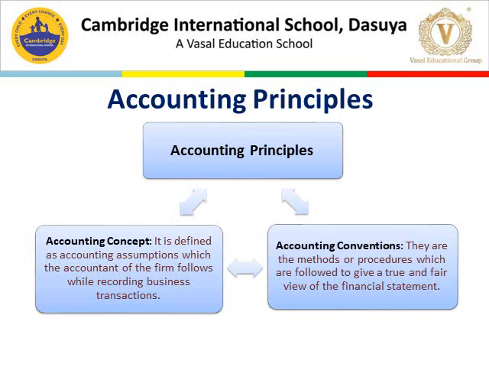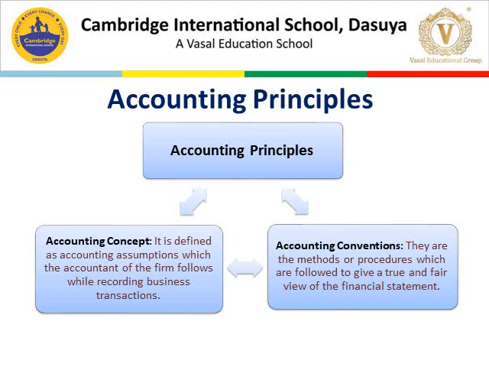Now here we have to understand accounting principles are divided into two parts, that is accounting concepts and accounting conventions. Accounting concepts are basically the assumptions which accountants of the firm follow while recording business transactions. It is basically an assumption. We assume something, that is called an accounting concept.